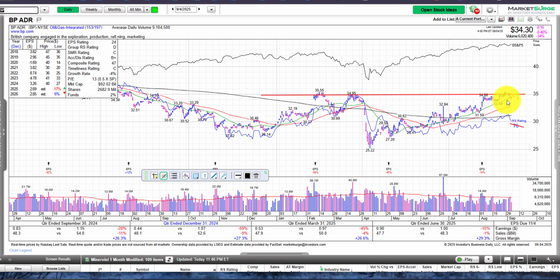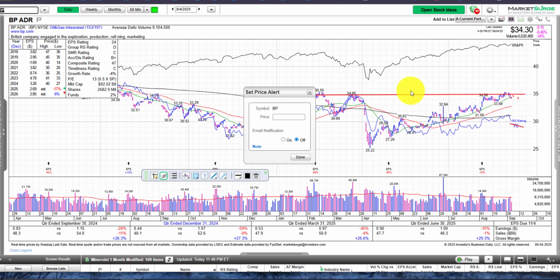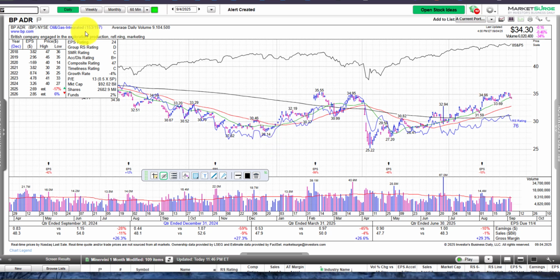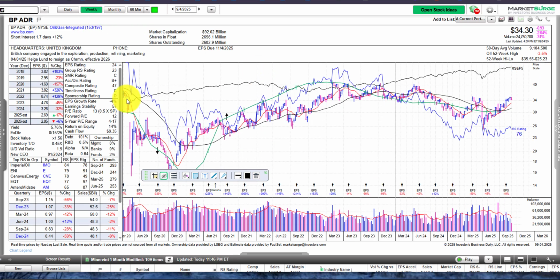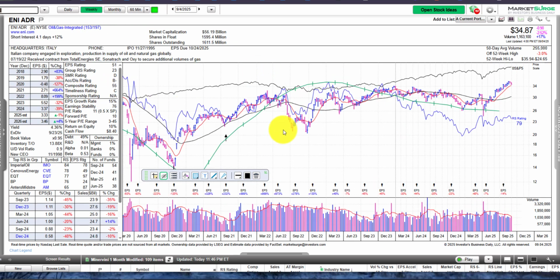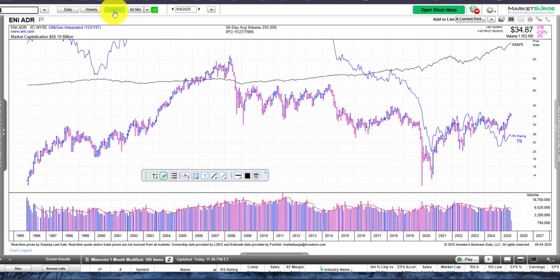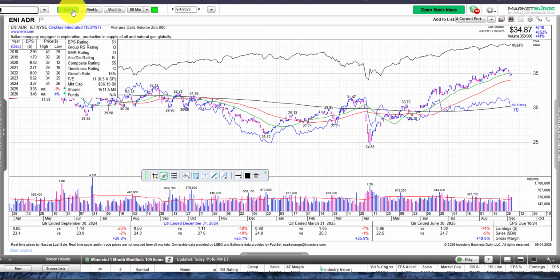I'm not terribly interested in this one, but let's set an alert for 35.5. We'll revisit it. Any Italian company, oil and gas exploration. That one is at least kind of trending into stage 2, isn't it? Just extended.